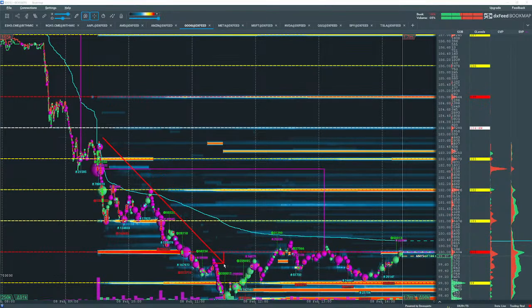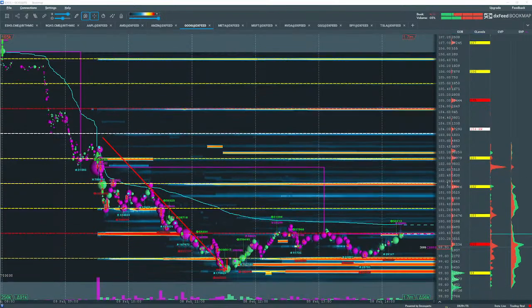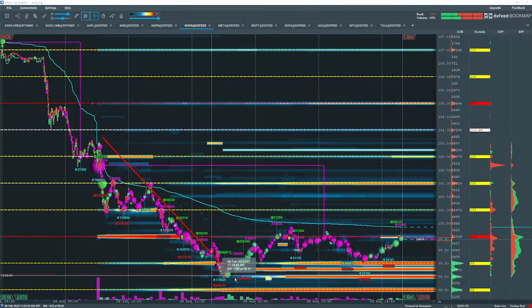So there's the short of the morning. Notice all the green dots coming in here. Market buy orders, aggressive buyers coming in at the 99 level. And now they're trying to take Google higher again.